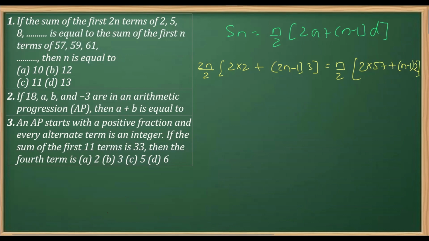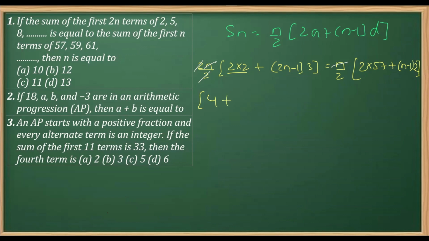Now I'm going to simplify it further. I can see that this 2 and 2 get cancelled. And alternately, you can cancel n with n, right? As you can see, they are on opposite sides with product. Now, for further simplification, we will multiply this. So we are left with 2 into 2, that is 4 here, plus I'm going to open this bracket.